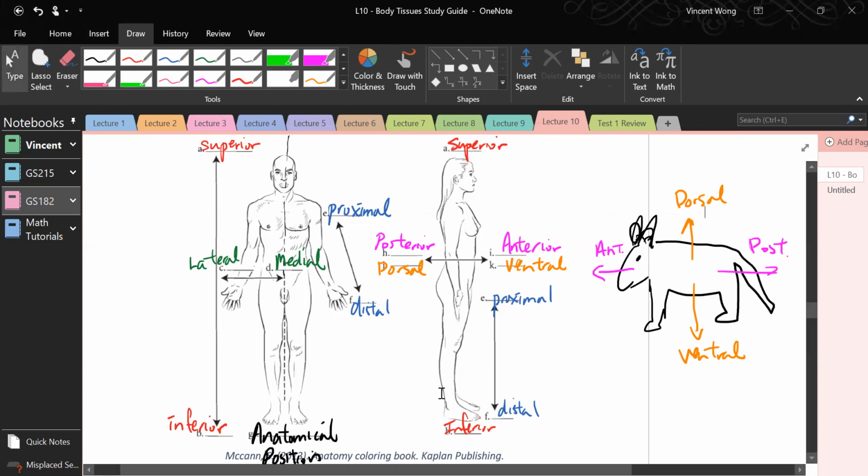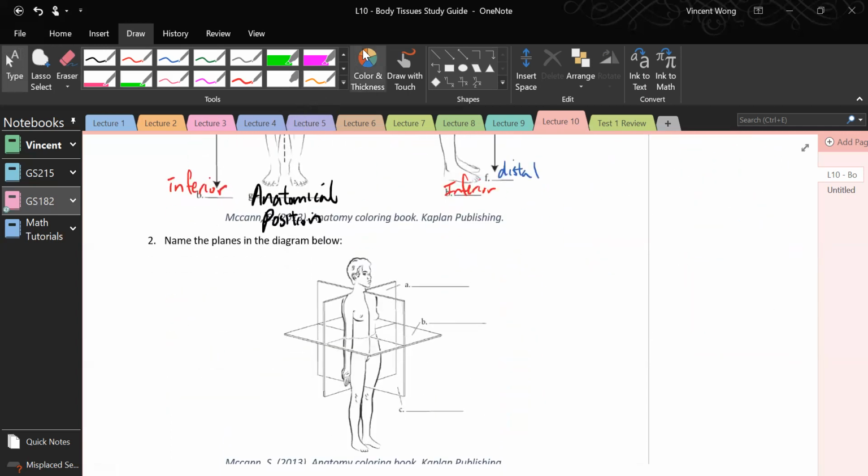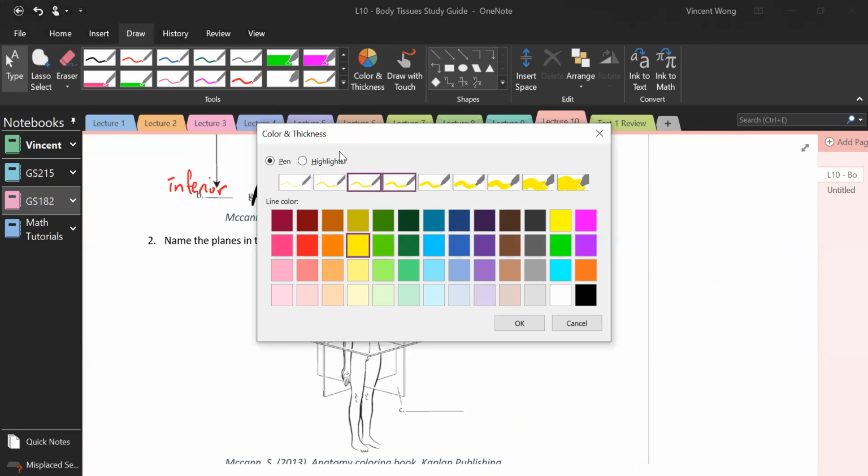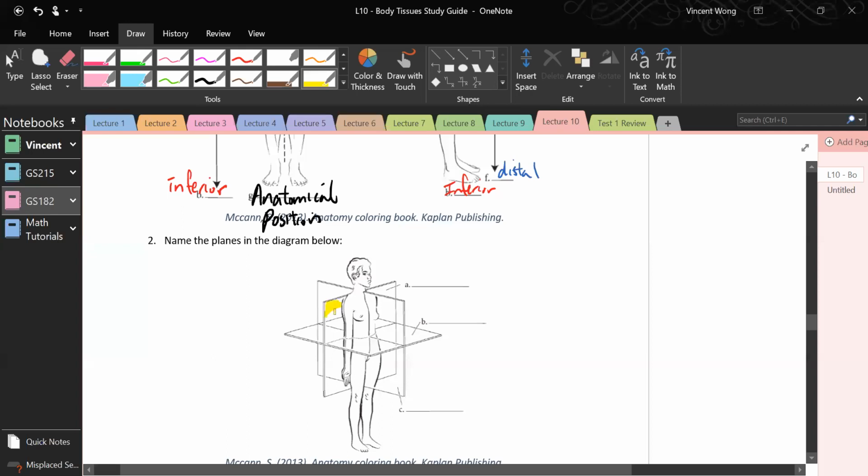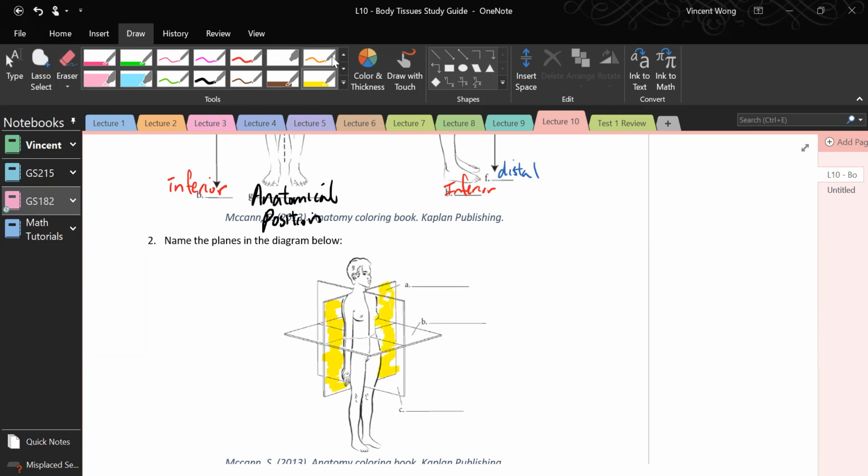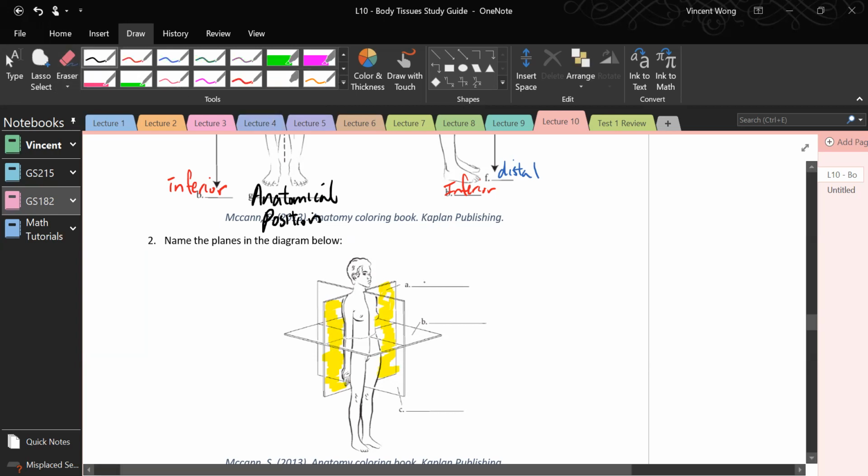Any question about these anatomical terms? Okay. Here we have planes that divide the body. If we cut the body into front and back, like this one, A, we call this the frontal plane or coronal plane.